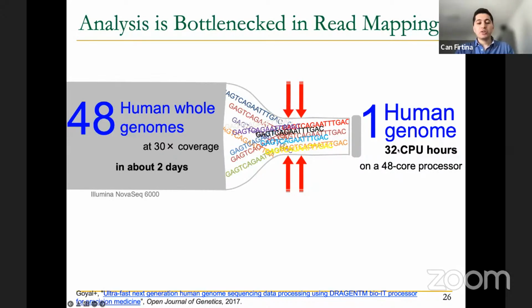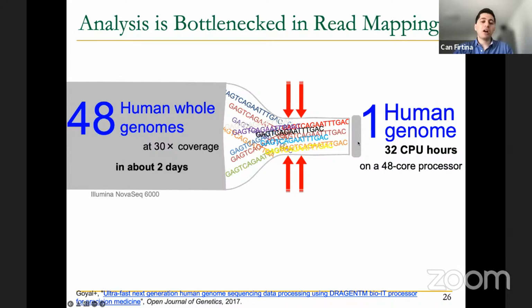So this problem requires many cores, which means the problem is really bottlenecked over here. If it required, for example, one CPU hour per human genome, we would have the fast streaming of the data to the cores, and then the analysis wouldn't be bottlenecked.